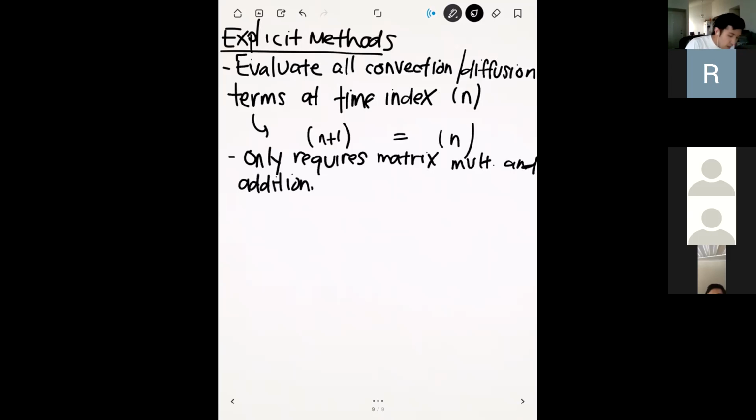Because it doesn't require the solution of a linear system of equations, explicit methods have the potential to be cheaper, at least on a per time step basis. So each time step is going to be cheaper in explicit than implicit. The downside is that explicit methods can be unstable.